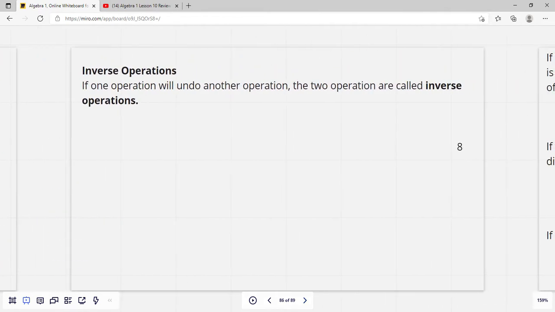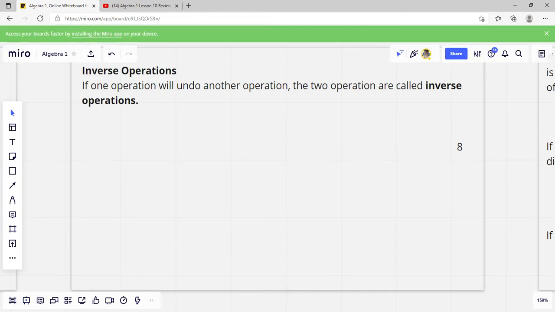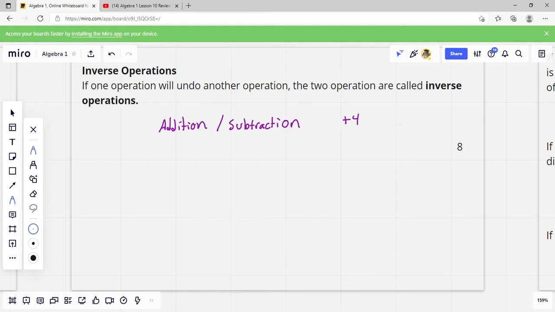Okay, inverse operations. Inverse operations just means if one operation will undo the other operations, they're called inverse operations. So that would be like addition and subtraction. They're going to undo each other, right? So if we add 4, to undo that, we're going to subtract 4.